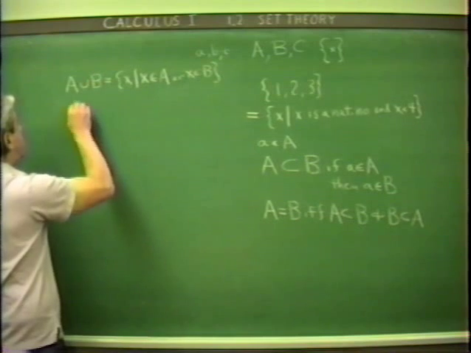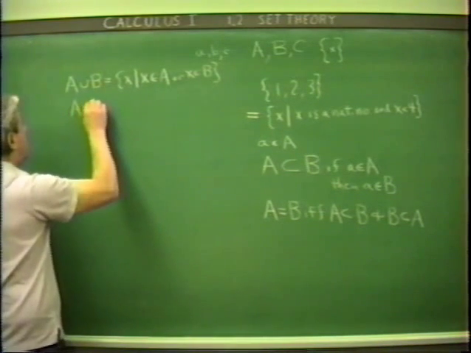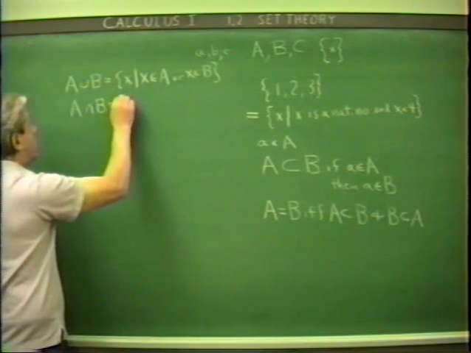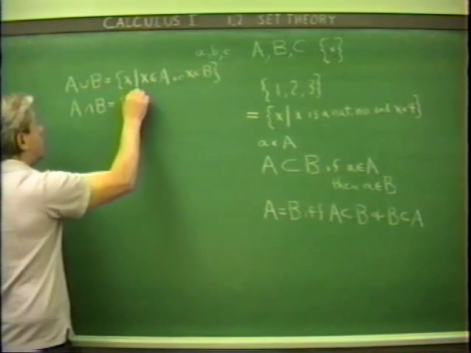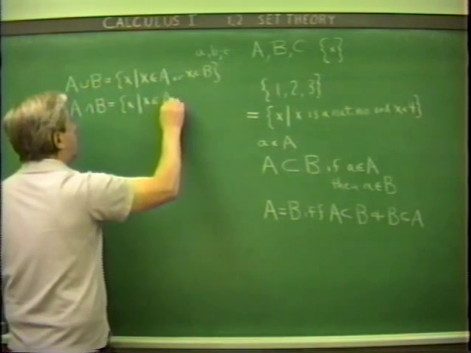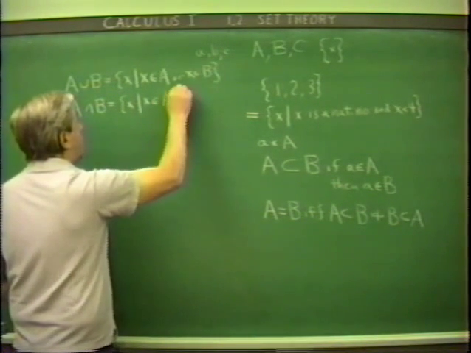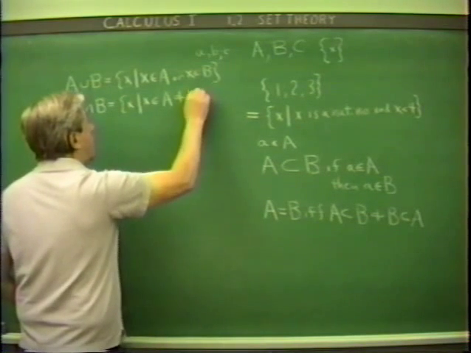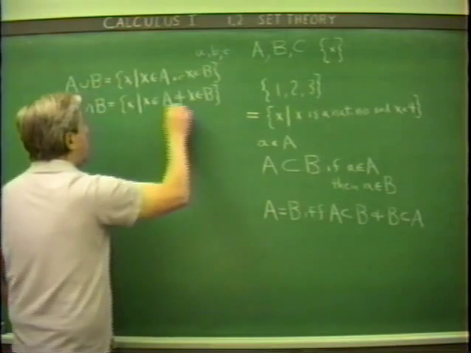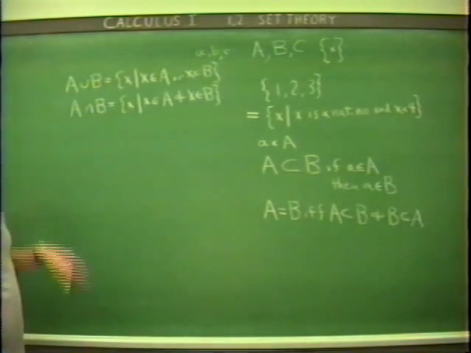The intersection of two sets is the set of x such that x is in A and x is also in B. These are the intersection of two sets.